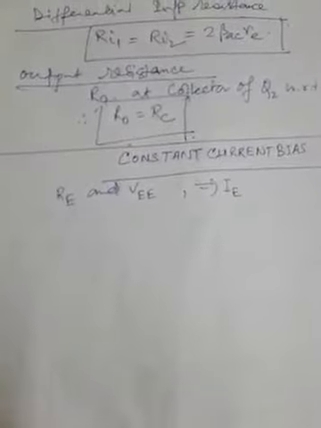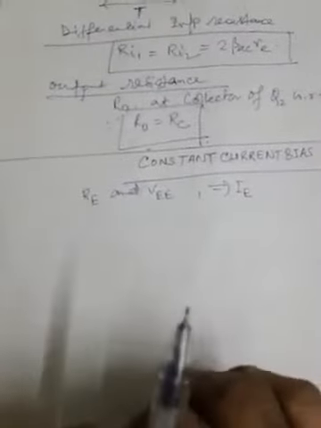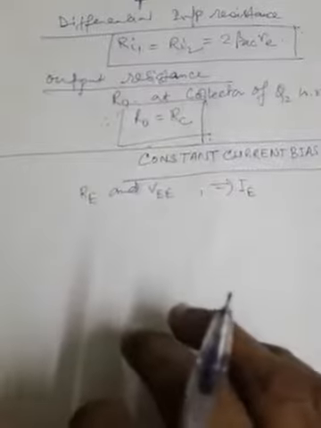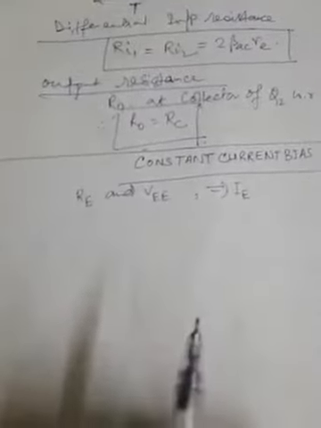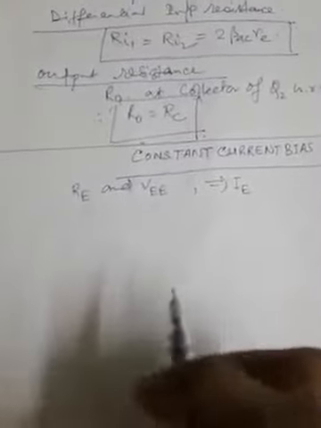Now the constant current bias circuit is better in this case because it provides current stabilization and in turn assures a stable operating point for the differential amplifier.